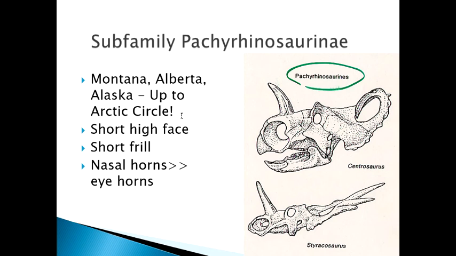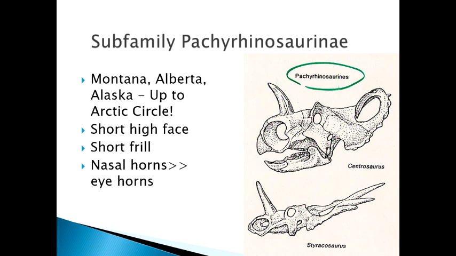Even in a very warm world, it would still be very cold up there, and it would still be very dark up there for the winter months. And so these pachyrhinosaurs are one of these groups that we find in this Arctic Circle area. Look at this. It has a frill, but it's a shorter frill compared to the other ones we're going to see. And then also, these things have horns.